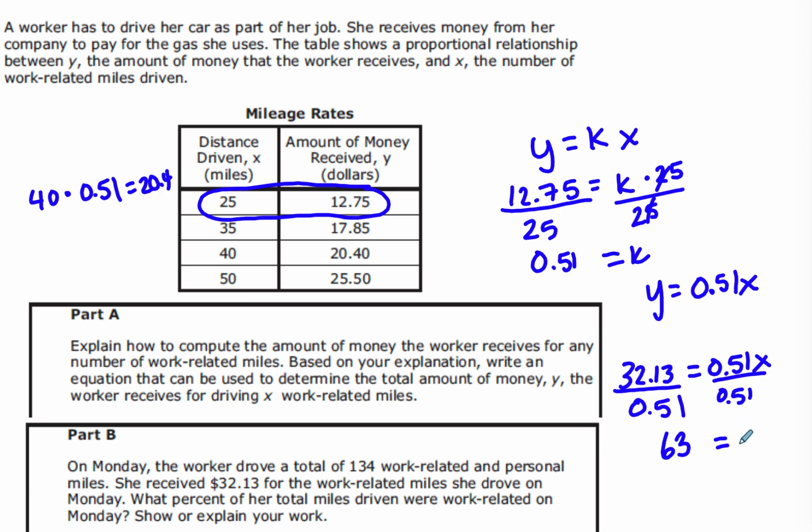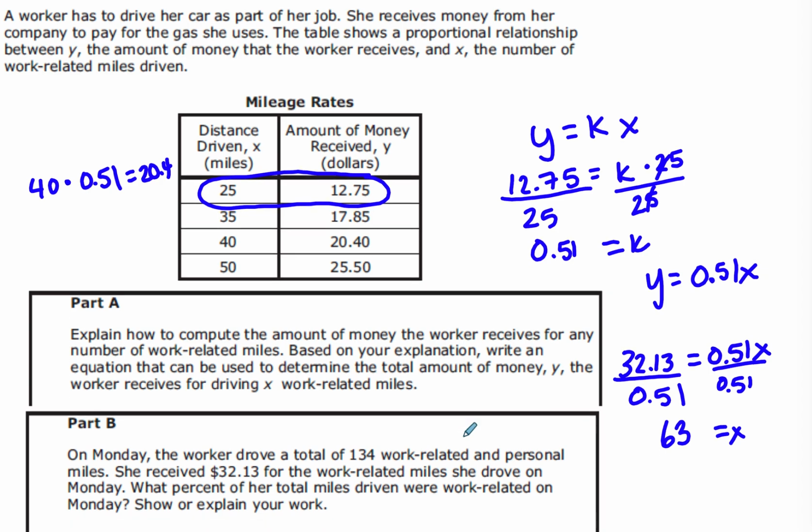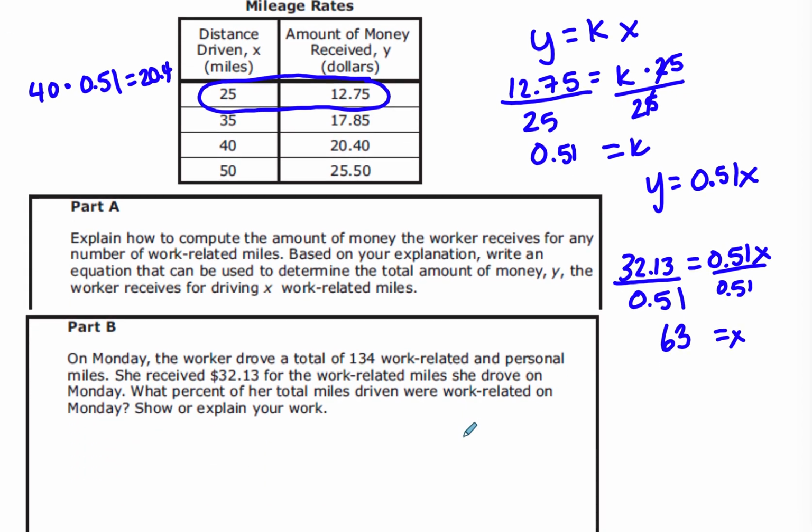So that's 63 work miles. She did a whole total of 134. Okay, so then I'm going to do 63 over 134. 63 out of my 134 miles are going to be work related.